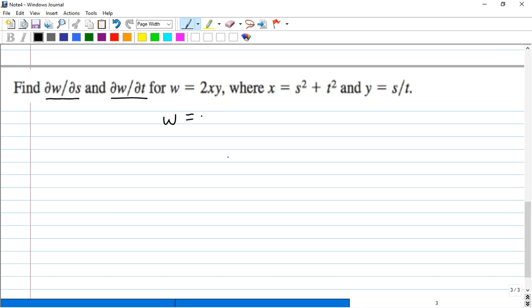So you'd have w equals 2 times s squared plus t squared times s over t. So then I would multiply in s over t. What would that give us? We'd have 2 times s cubed over t plus what? When you multiply this times t squared, it's going to be what? st.